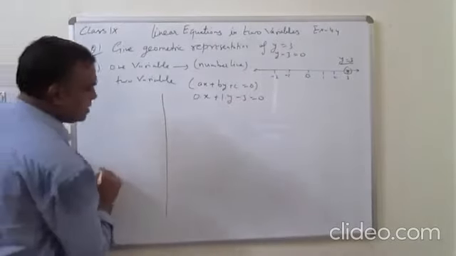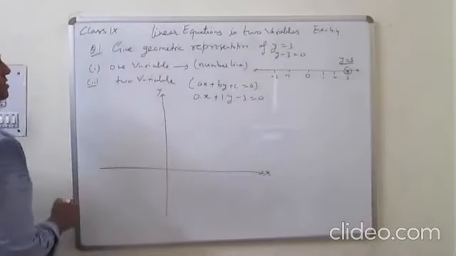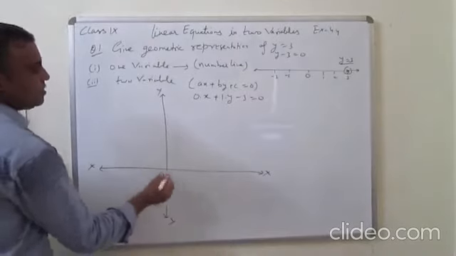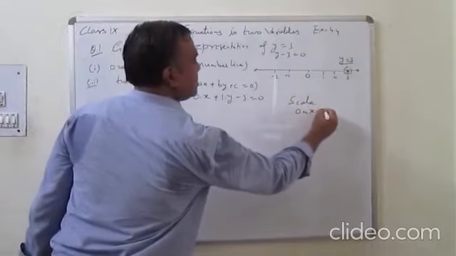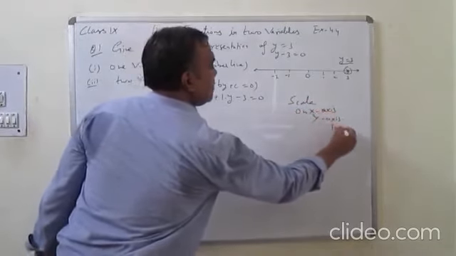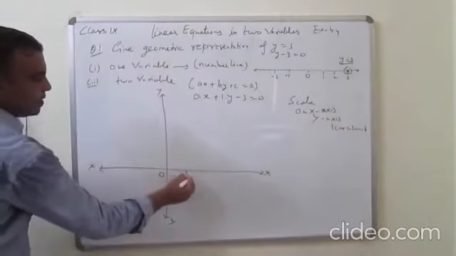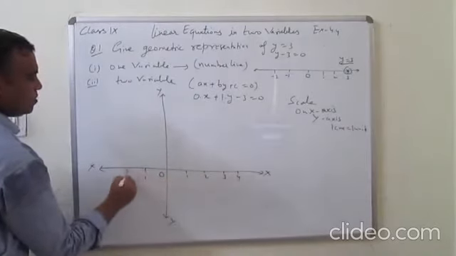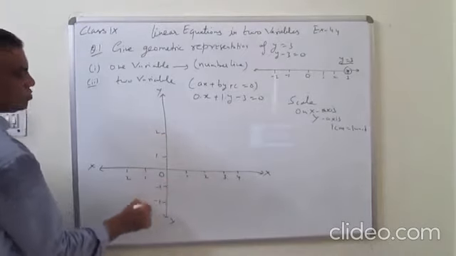Draw a coordinate axis, x axis, y axis, x dash, y dash. This is origin. Taking scale on the x axis and y axis, 1 centimeter is equal to 1 unit. 1, 2, 3, 4, 1, 2, minus 1, minus 2.